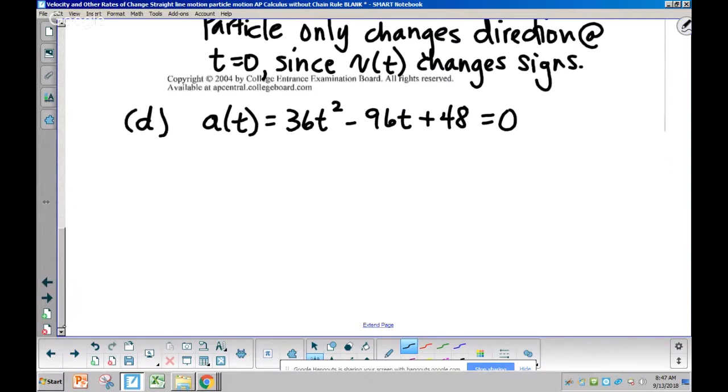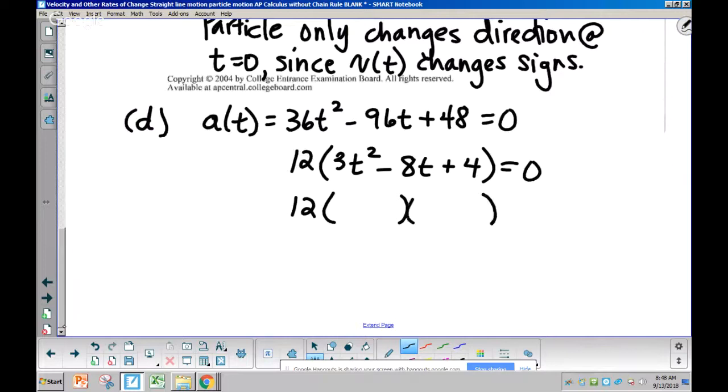Now, I can factor a 12 out for sure. So this is going to be 12 times, and I'm left with 3t squared minus 8t plus 4 equals 0. And yes, in 1969, this did factor: 3t minus 2 and t minus 2.